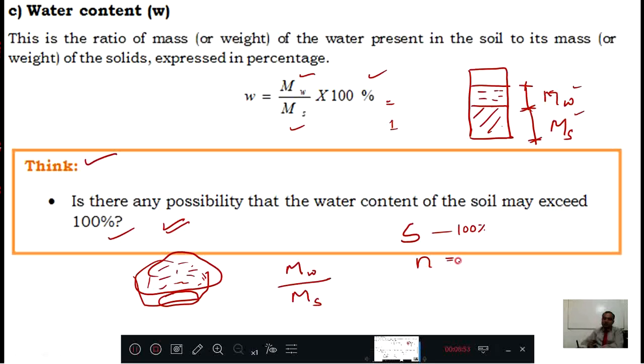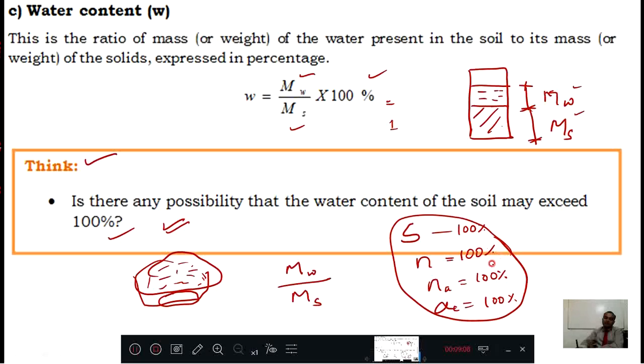But come to degree of saturation, expressed in percentage. Porosity is also expressed in percentage, Na also, and AC also. These never exceed 1 or 100%. You will not get S more than 100%, N more than 100%, Na more than 100%, or AC more than 100%, because the equation is like that.